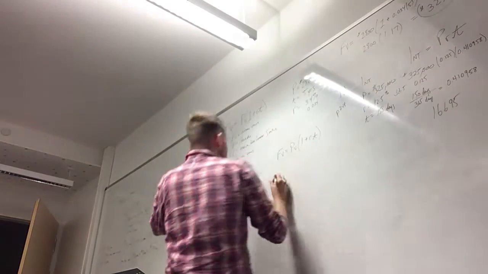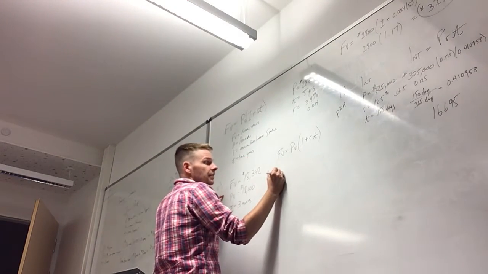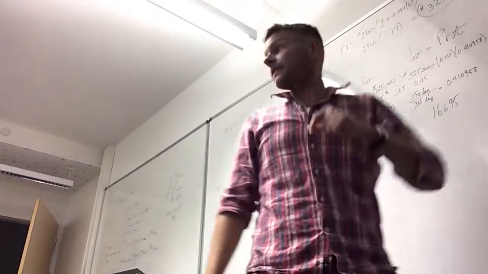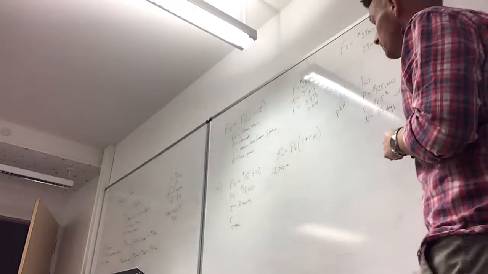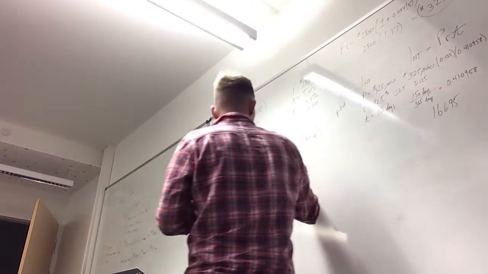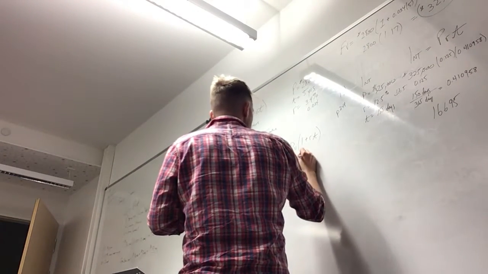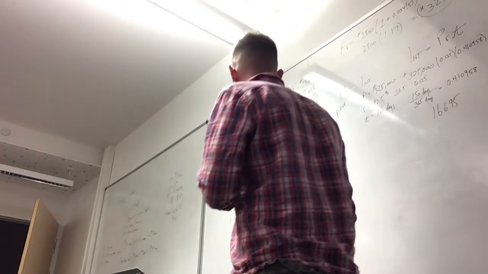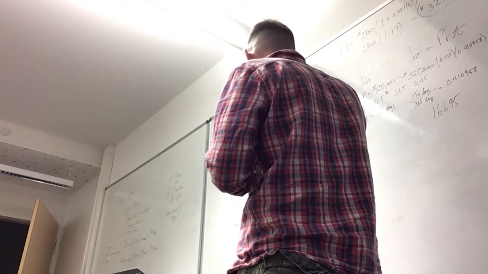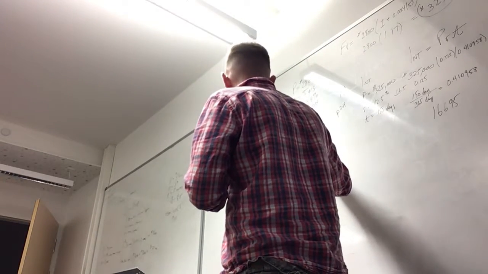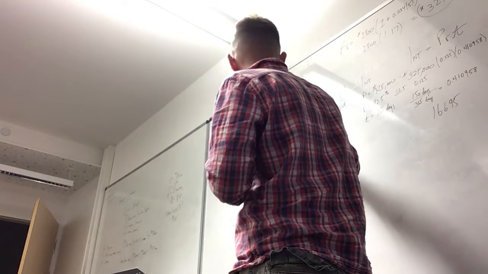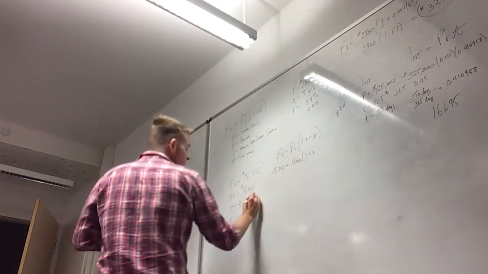We plug everything in here, we get 18,342 equal to 18,000 times 1 plus R times, yeah, that should be 1/4, you're right.